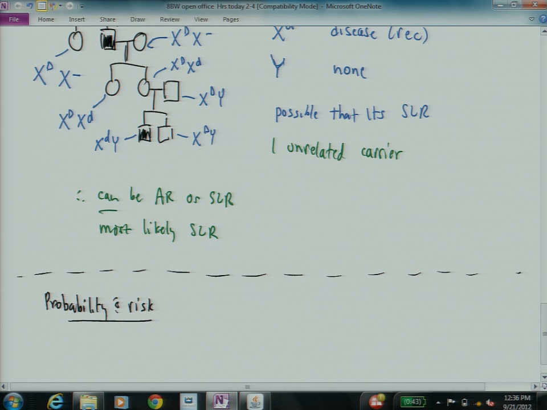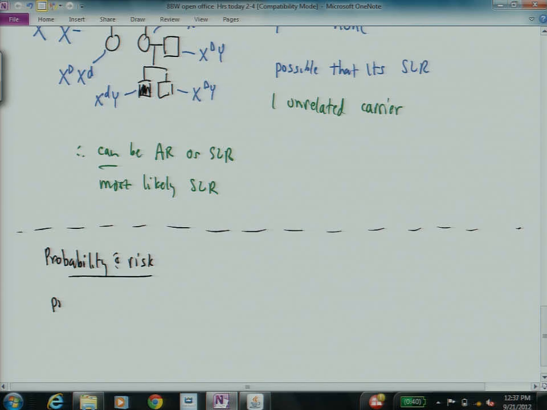If you are doctors, you may have to provide genetic counseling to your patients. So one of the issues is, what is the chance, given my family history, that I will have a child with a particular disease? You need to be able to assess that, not just say, does the pedigree work this way, but what is the chance of a diseased child, for example? So I want to talk a little bit about that.